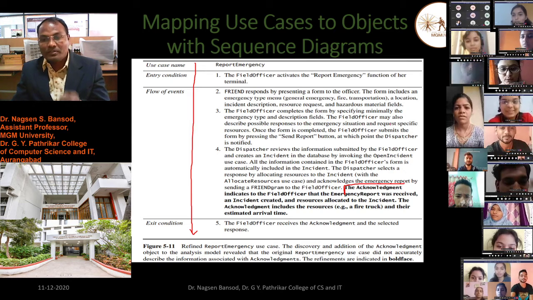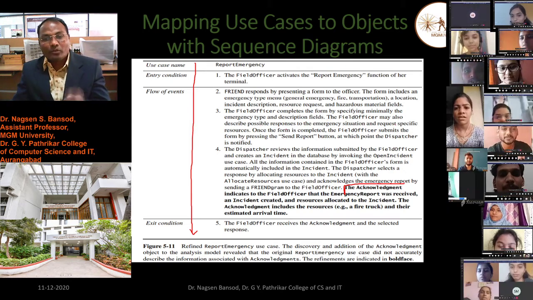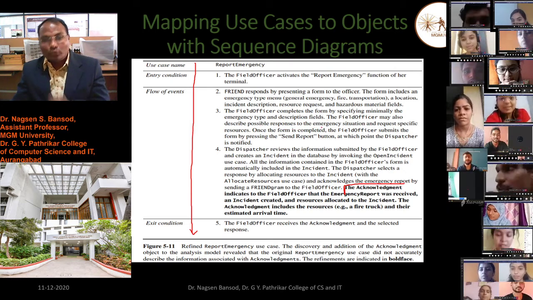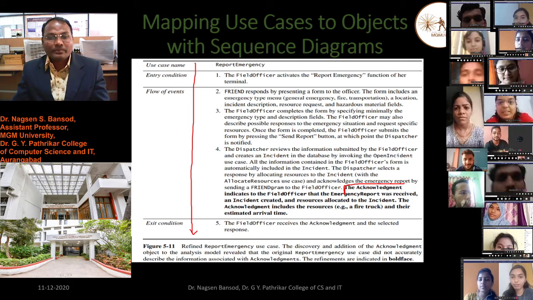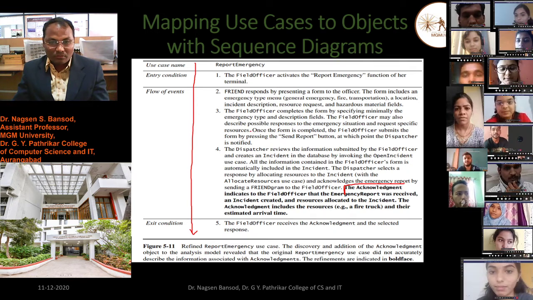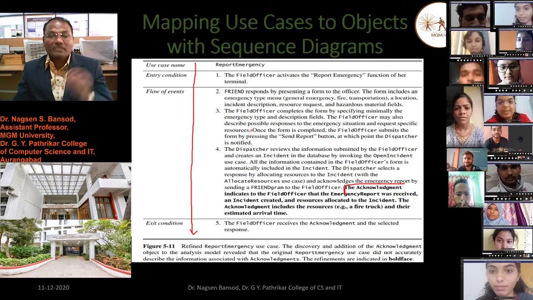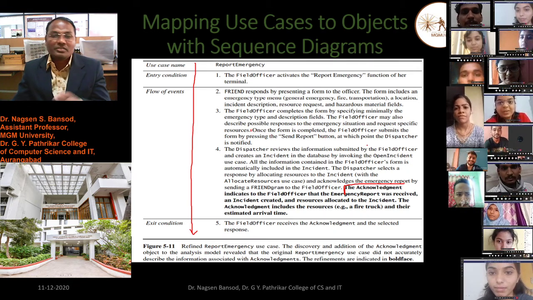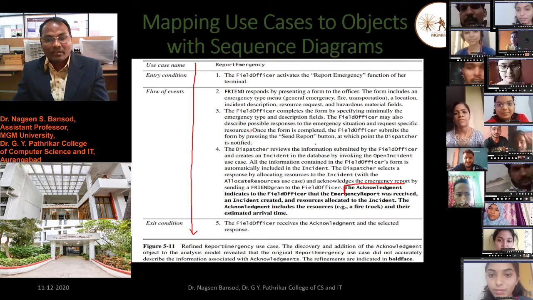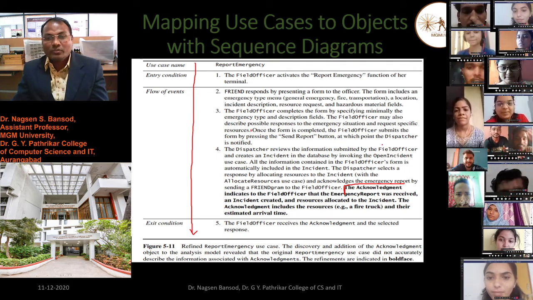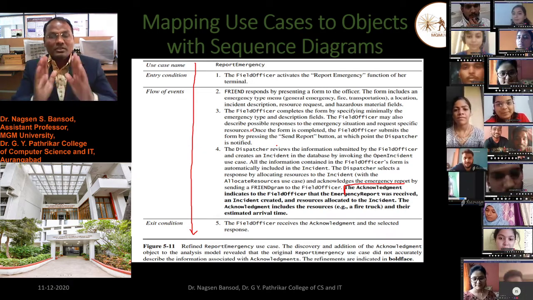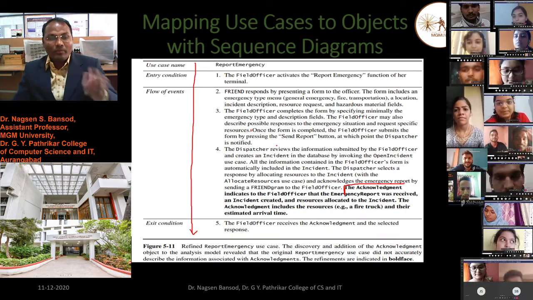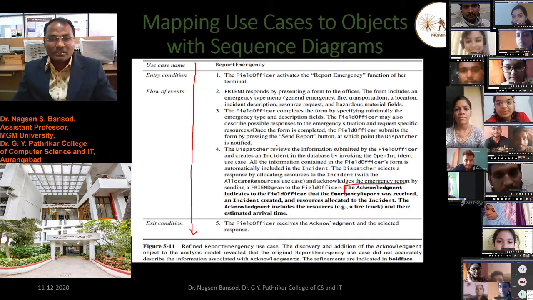The field officer may also describe possible responses to the emergency situation and request specific resources. Once the form is complete, the field officer submits the form by pressing the send report button, at which point the dispatcher is notified.